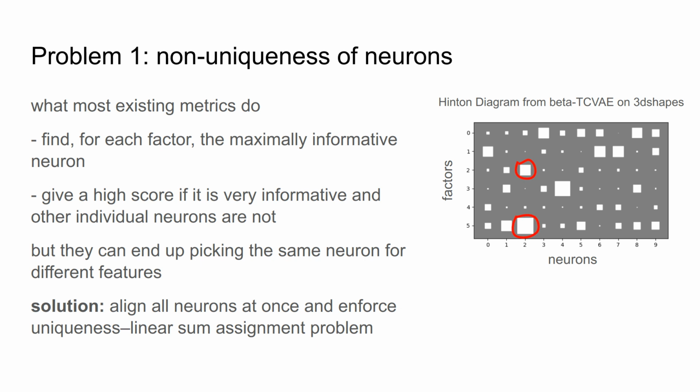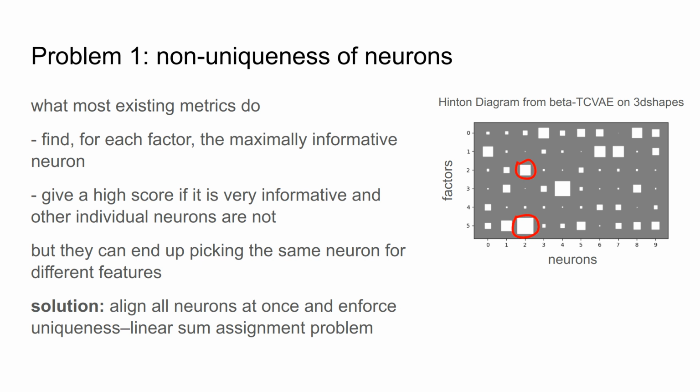And they say that that neuron is the one that represents that factor. And then they measure some version of, you want that factor to be very well represented by that neuron and not be very well represented by any other neurons.